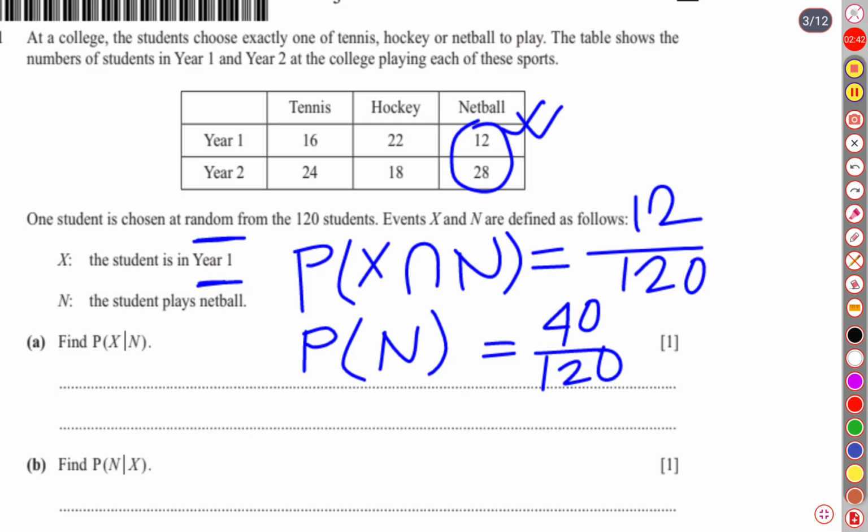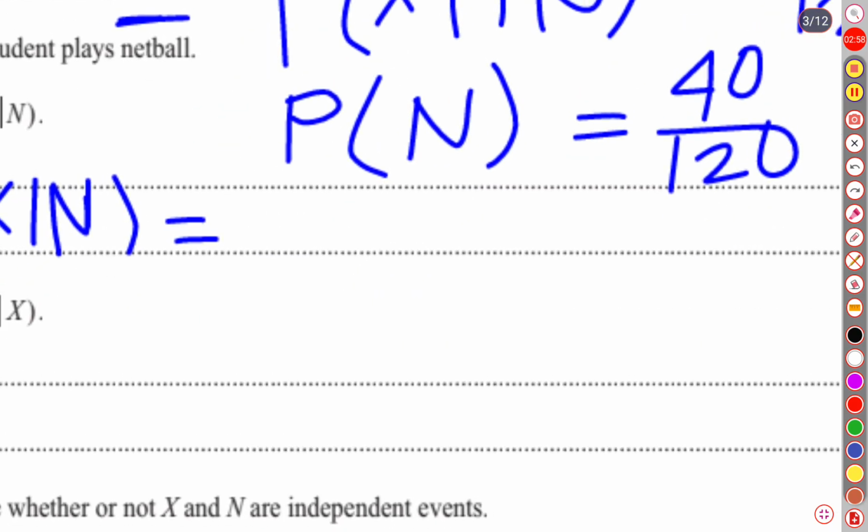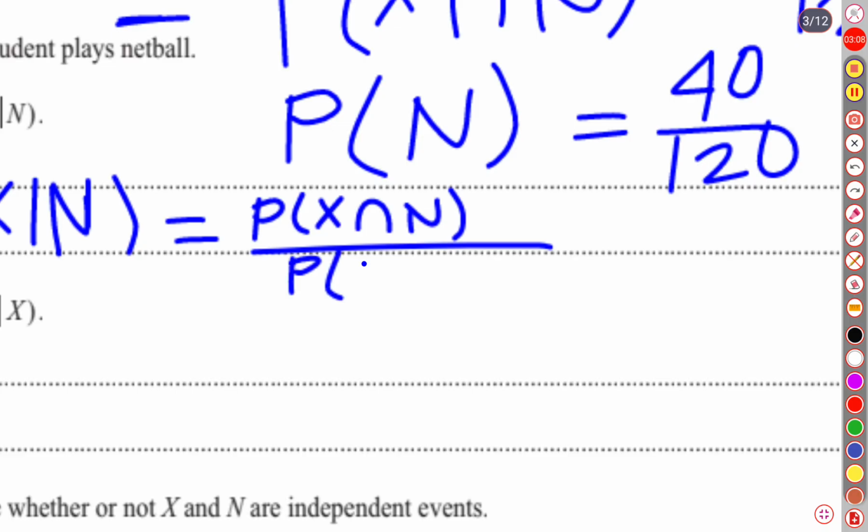Hence we can write the probability of X given that N equals, all of us know how to write this, the probability of X intersection N over the probability of N alone, and we have already obtained the required information.